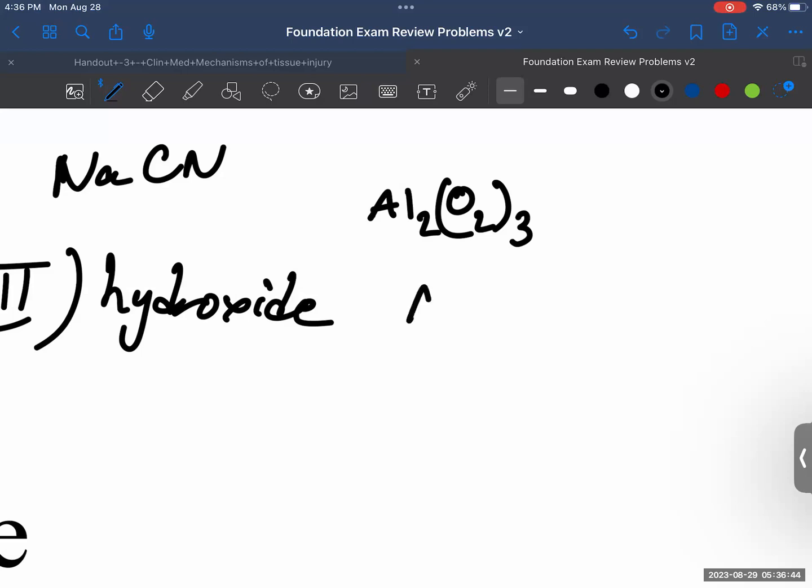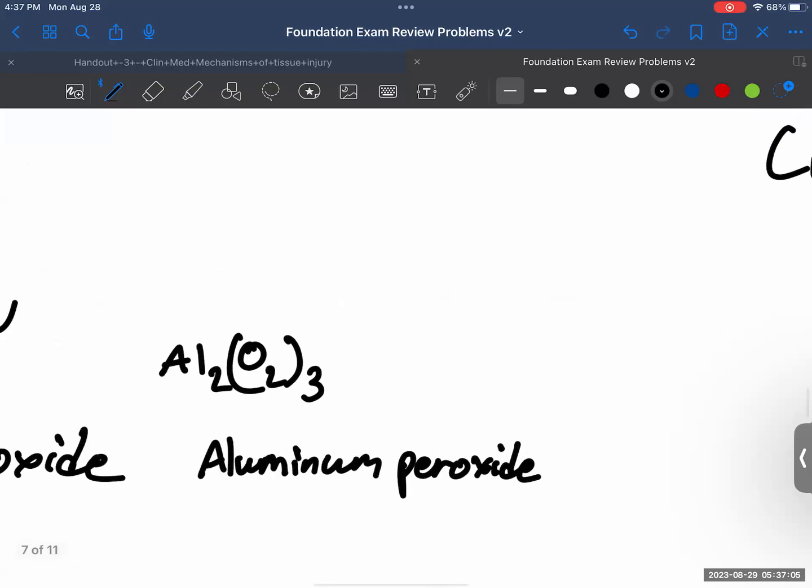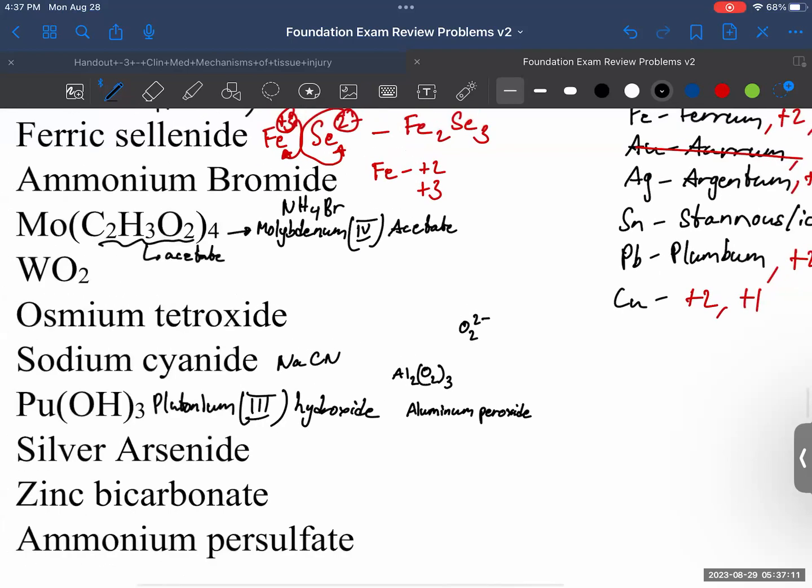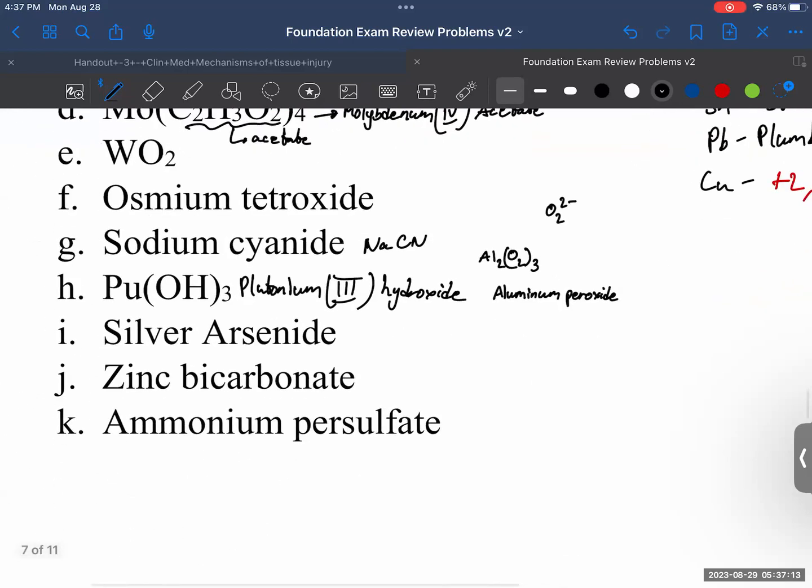Aluminum's part of it, right? What is this polyatomic ion called? It's close to hydroxide, but no. Peroxide, aluminum peroxide. In case y'all have never seen this polyatomic ion before, peroxide is O2 2-.